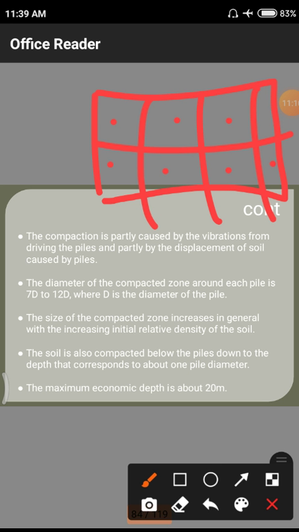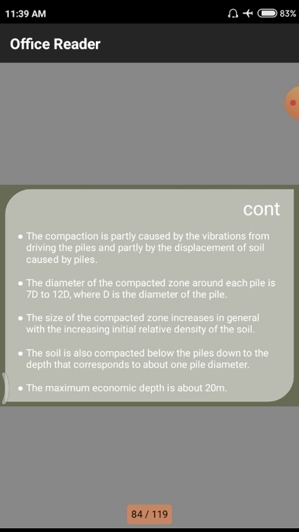We need to maintain particular points, and from those points we place piles so that each grid has a pile, and by using that pile we dewater.